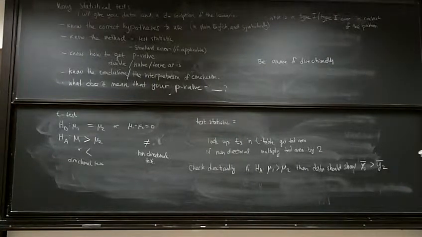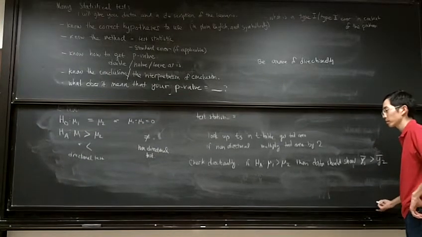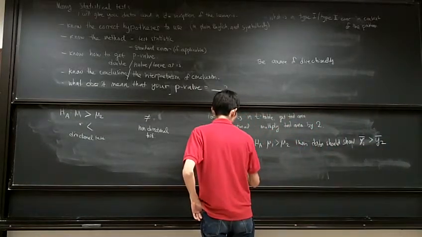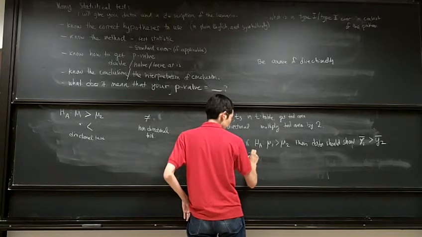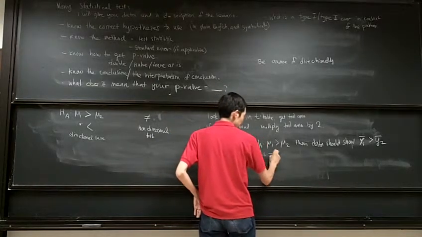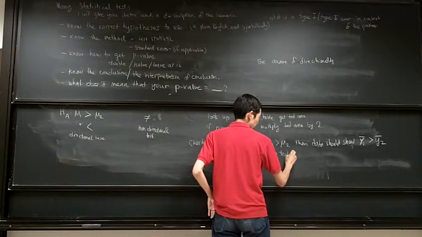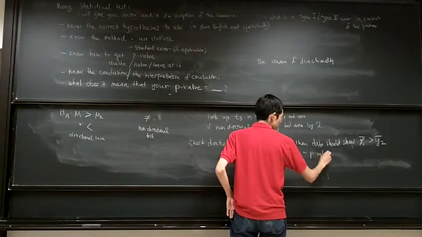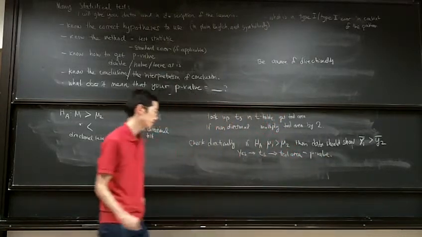And if it does, go through the test and take your tail area. Then test statistic, find the tail area, and that would equal your p-value. Leave your tail area, and that's your p-value. Okay.